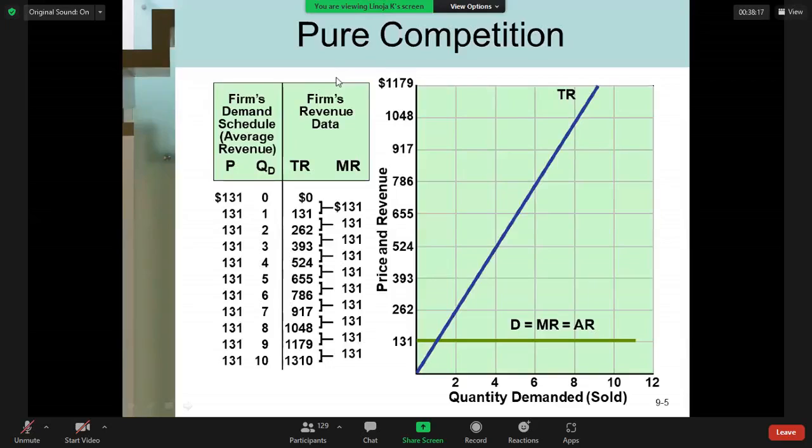You can check the value, the total revenue over quantity. So the first time, that means for 0, you will be getting 0. After that, you will be getting 131, the same. So here, the price, marginal revenue and average revenue are the same, a constant value. Yes or no? Yes, ma'am. Everyone understood. So these are the conclusions we can take from this chart.